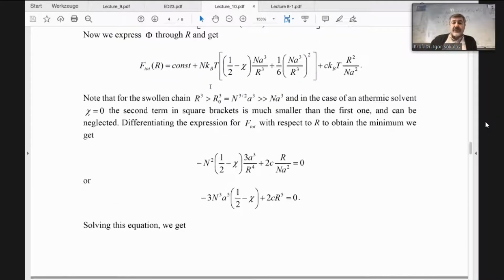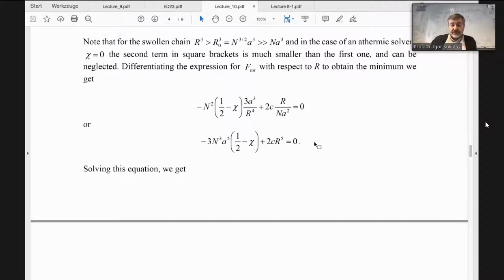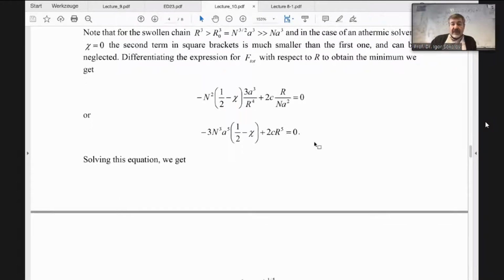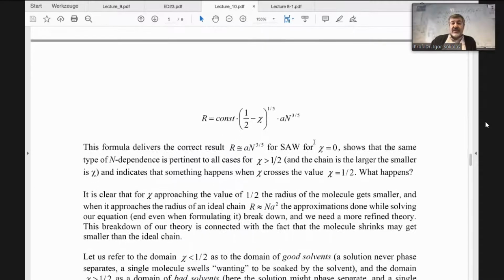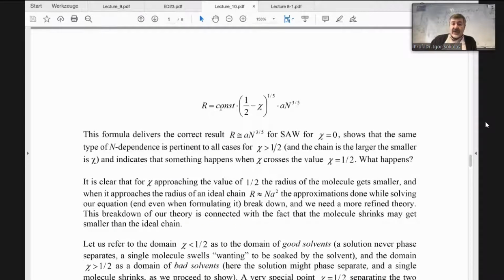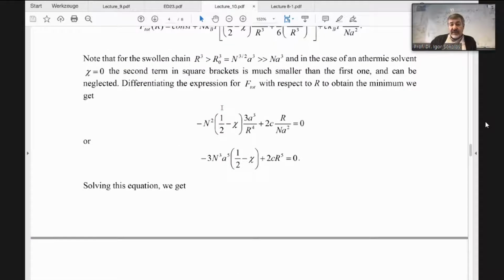So now I differentiate this with respect to r, and I obtain a solution. And this is my solution. And now I solve this equation, and what I get is r is something. Here I have this something in the term of the type of 2/3 to some power.